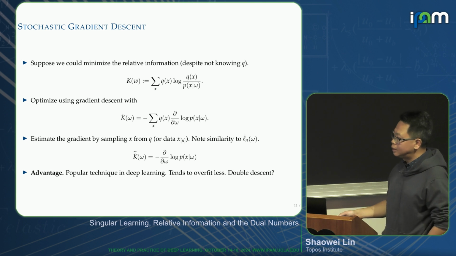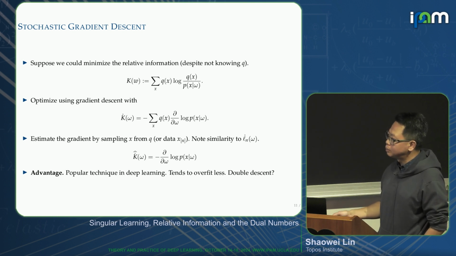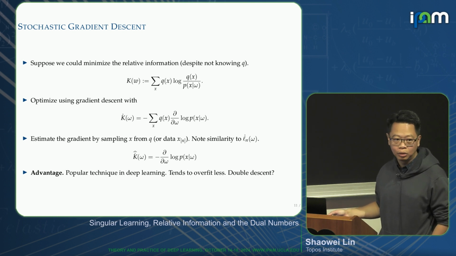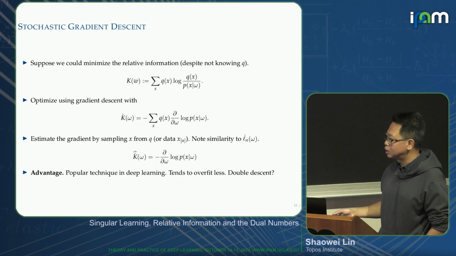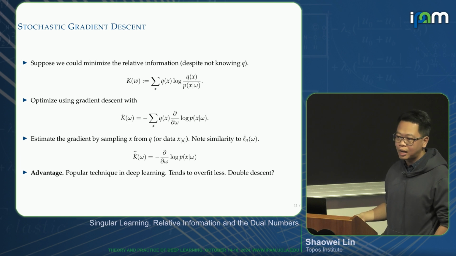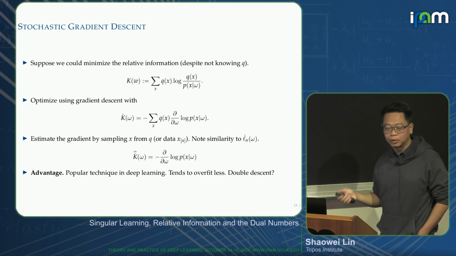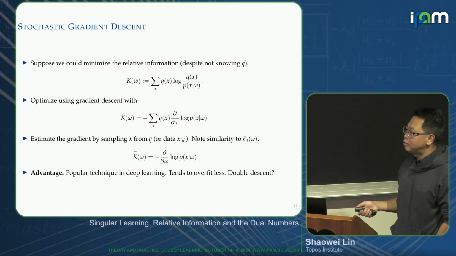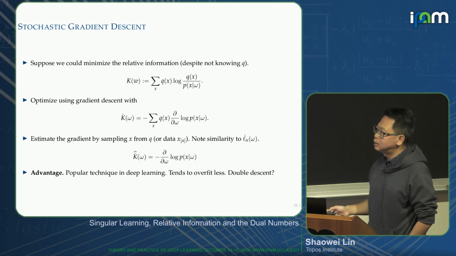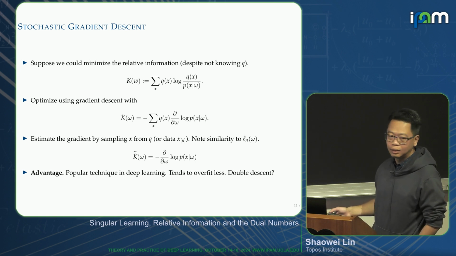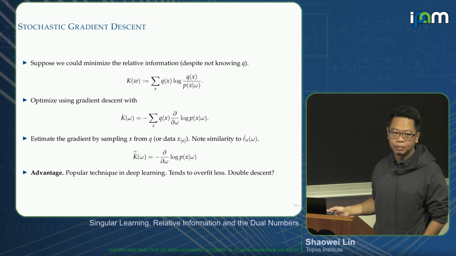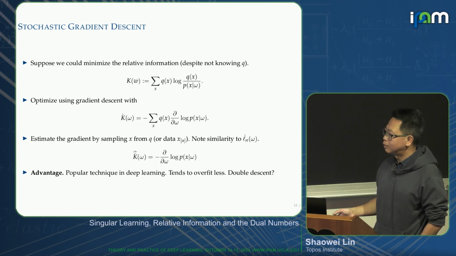And it turns out that this gradient step is precisely the same as the gradient steps that we took in maximum likelihood estimation. But this time around, because we're sampling, we don't have deterministic gradients, we have stochastic gradients. So if you're doing stochastic gradient descent, it is almost as if you are using the KL divergence, or the relative information, as an objective function, right?